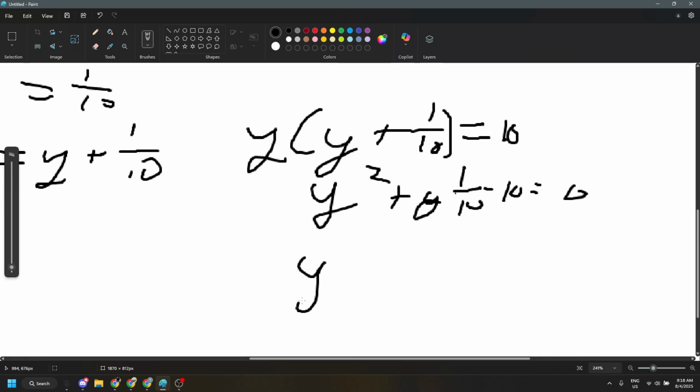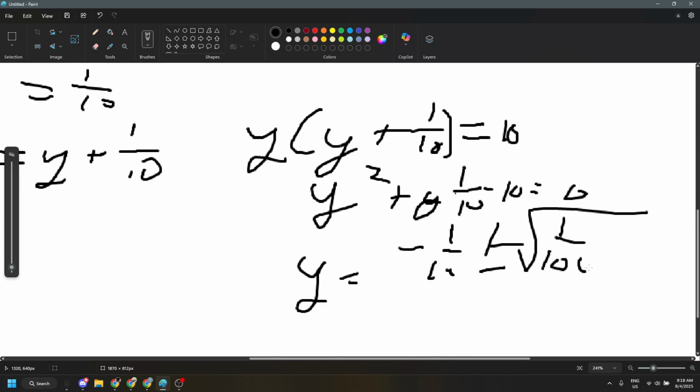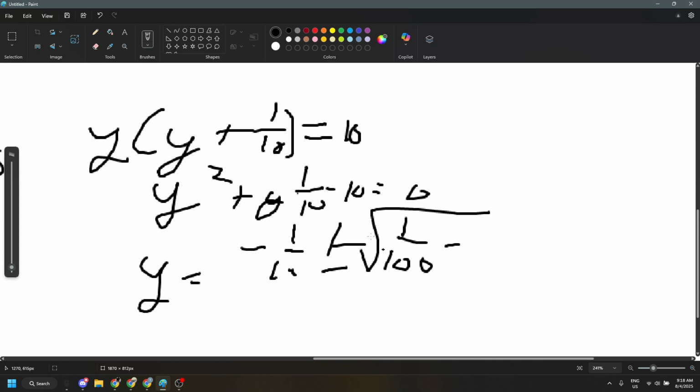Then quadratic formula: y equals negative 1/10 plus or minus the square root of 1/100 minus, because that's 1/10 squared, 4AC. So minus or plus 40, all over 2.